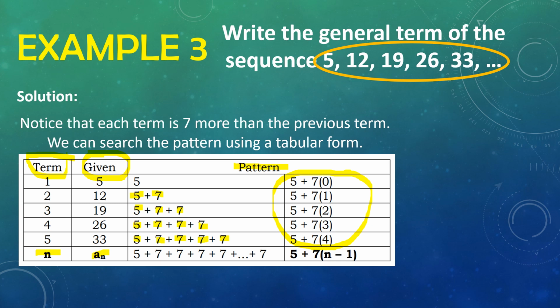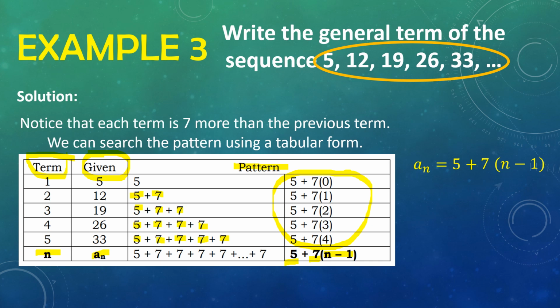The general term should be copy the first term 5 plus the 7, which is constant in each term, then multiplied by the number of term less than 1. So in general, a sub n is equal to 5 plus 7 times the quantity n minus 1.